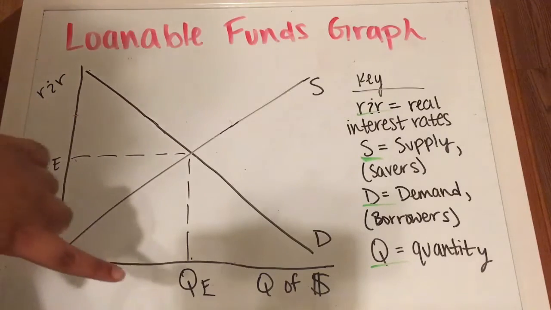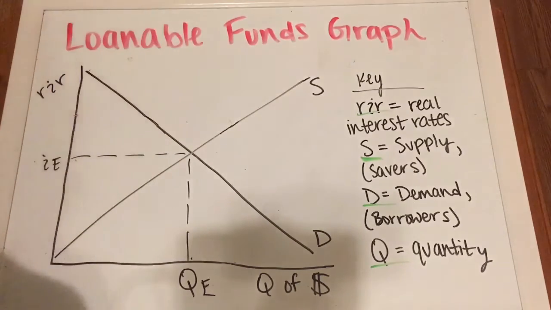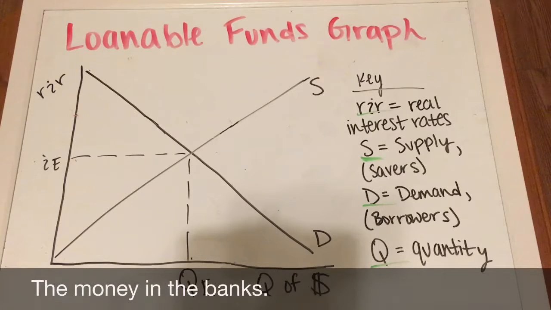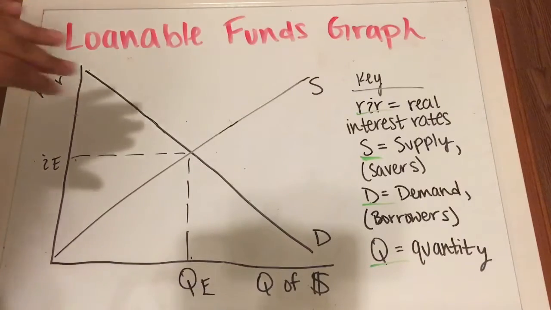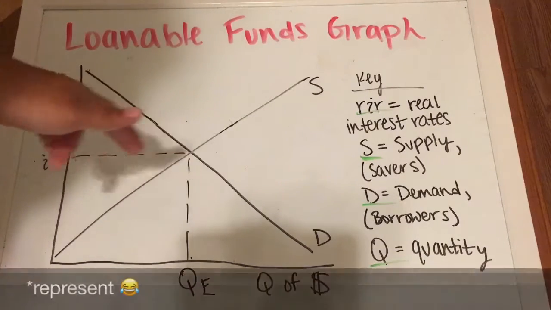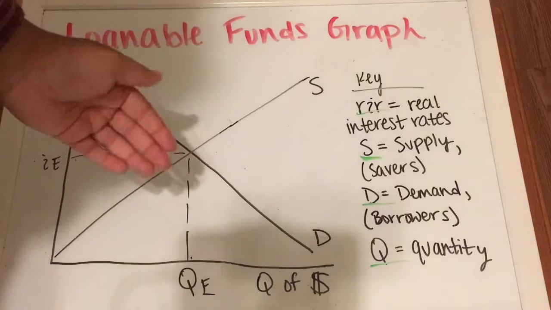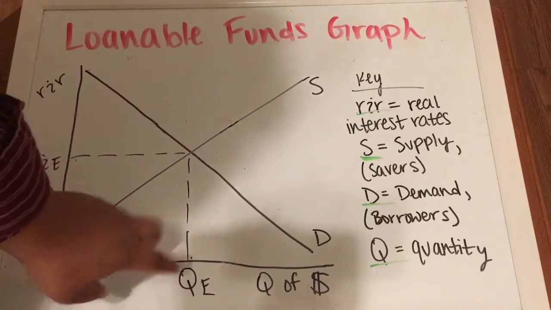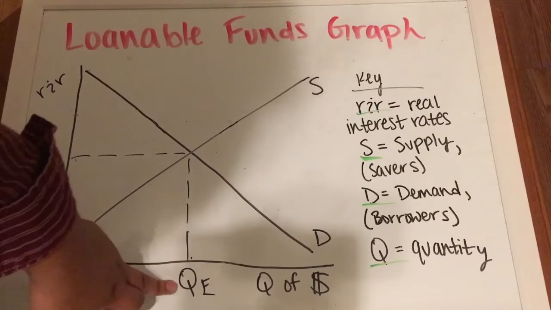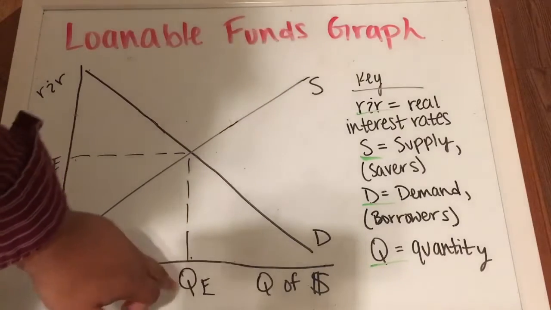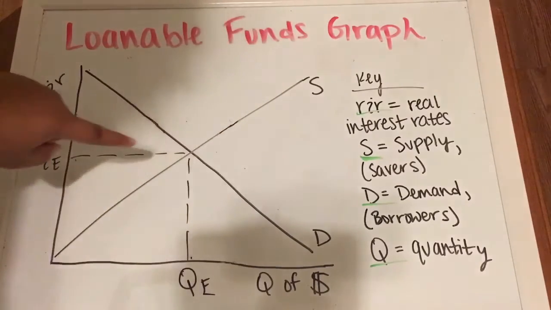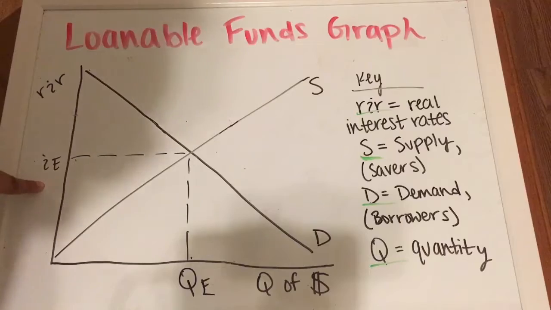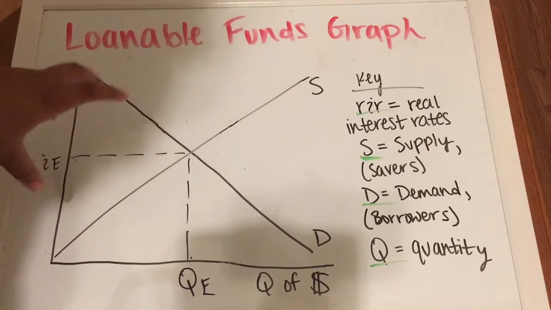And then Q, down here, is quantity, the quantity of money in banks. The loanable funds graph is the money funds in the banks. That's what it shows. And the dotted lines right here represent the equilibrium. So when we go down here and follow this dotted line, this is where the quantity of money is at equilibrium in the banks. And then over here is where the real interest rates are at equilibrium in the banks.